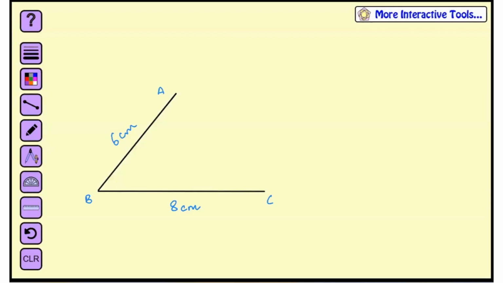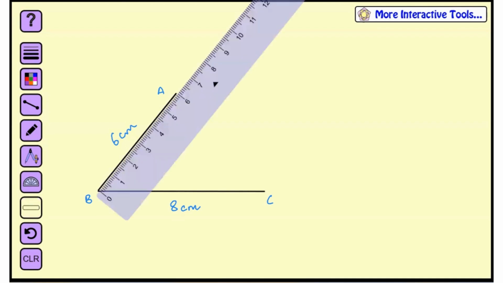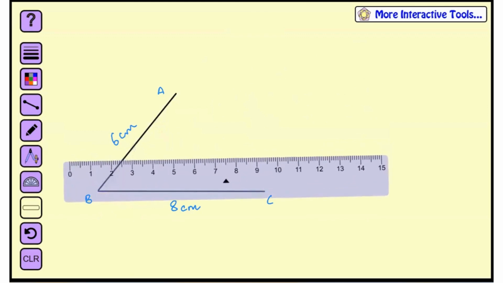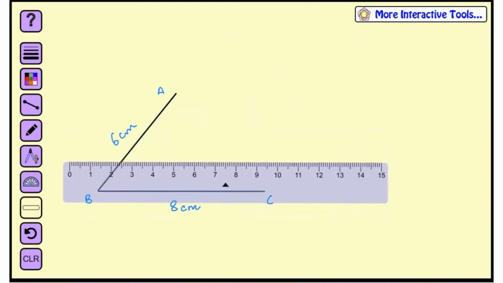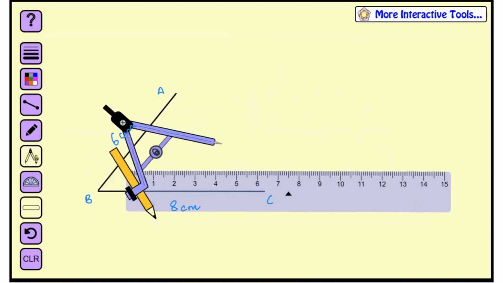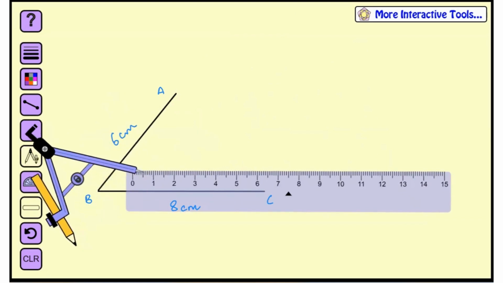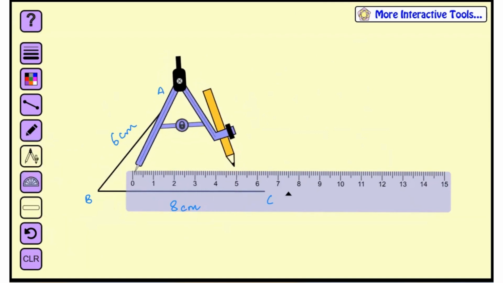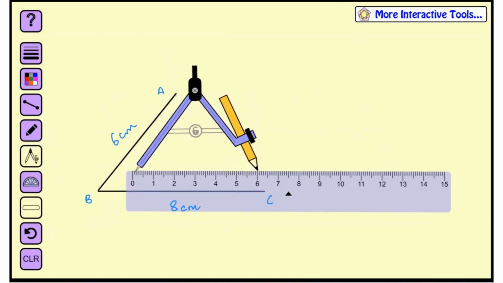So what we're going to do is replicate this, like I said, on the right-hand side. So we're going to open our compass to 6 centimeters. Put this over here.